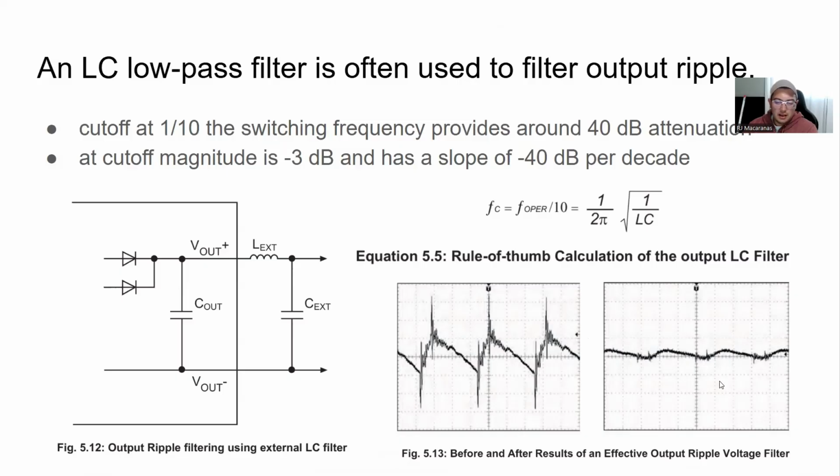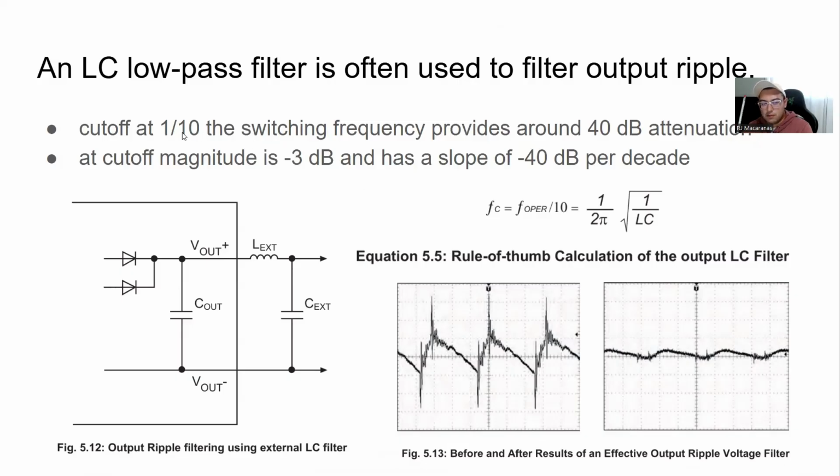And one thing to note is a good rule of thumb for picking a cutoff frequency of your low pass filter is to use 1/10 of the switching frequency. As you might recall from circuit theory, when we have an LC low pass filter, that's two poles. So that will cause the gain to drop by minus 40 dB per decade.